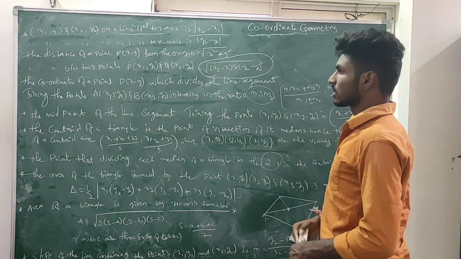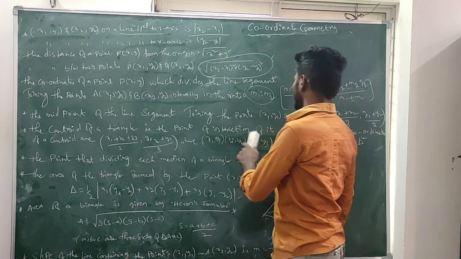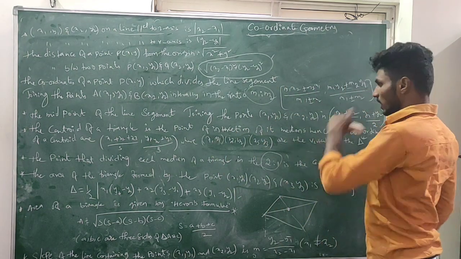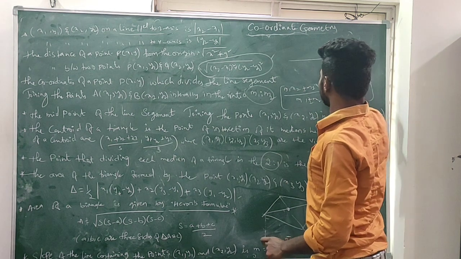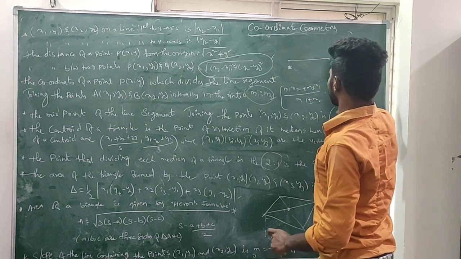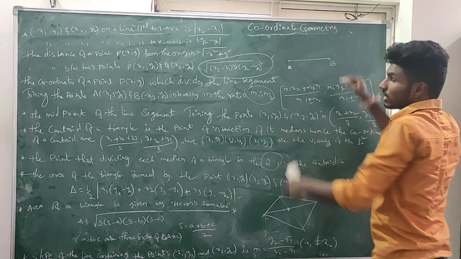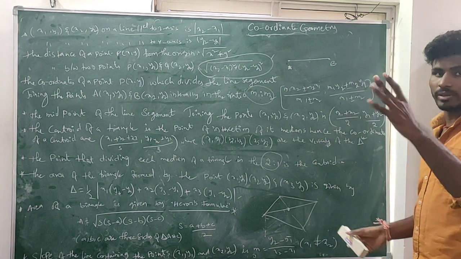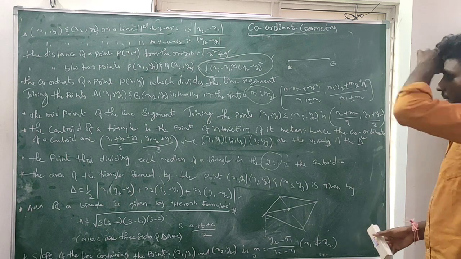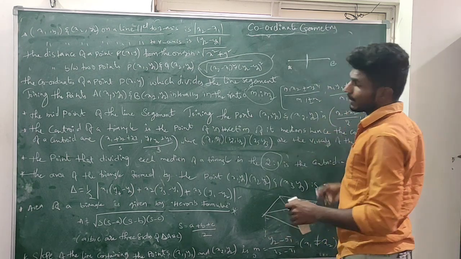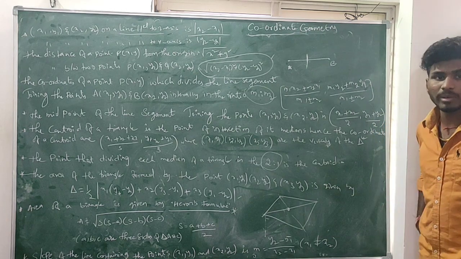Next one is the midpoint of a line segment joining the points x1, y1 and x2, y2. Now if this is my line segment AB, a line segment is nothing but a line between two fixed ends. In this one, I am interested in finding the midpoint. How to find the midpoint?